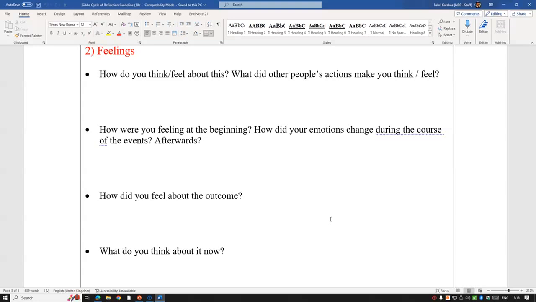Use this as an opportunity for improving ourselves. So this is a very critical opportunity for self-improvement and deeper learning. And that's why we are doing this in detail.